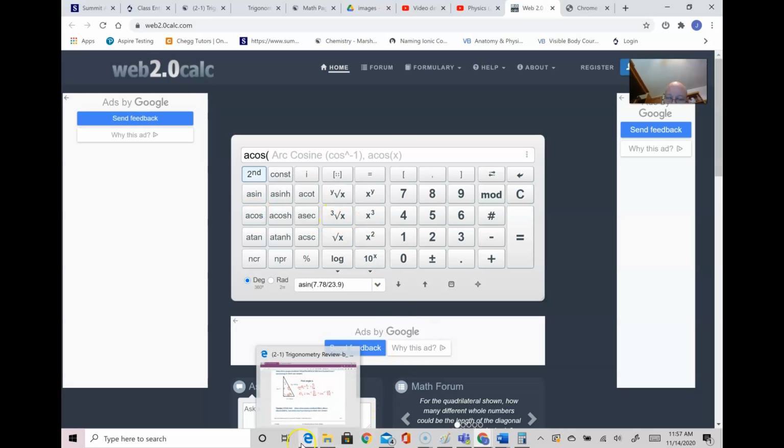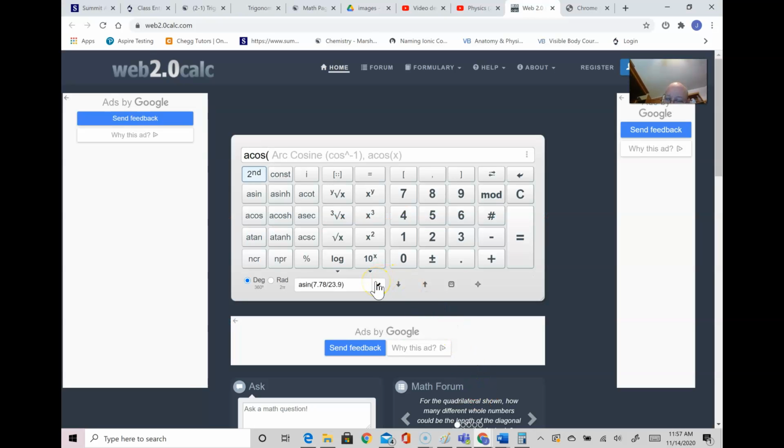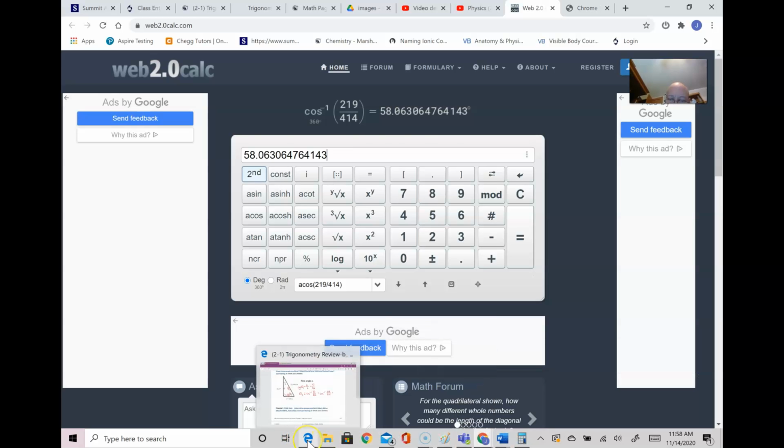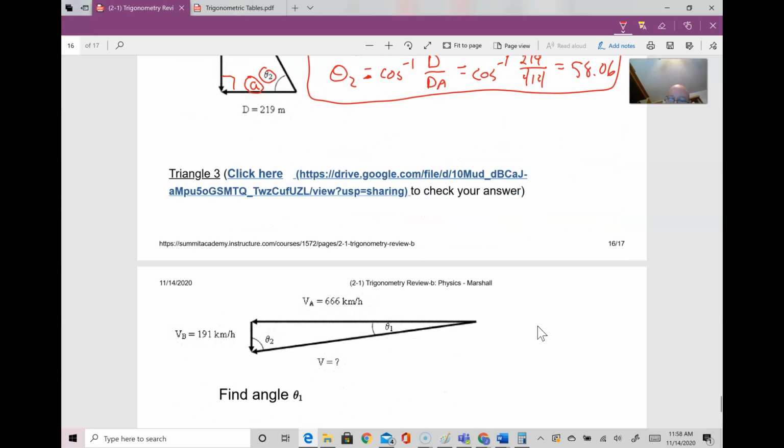And then my values, 219 divided by 414. I've got to close my parentheses. And then I just find out that the inverse cosine of those values is 58.06. Write that down, 58.06. And so this is what I would need to see on the other two triangles that you're going to solve.